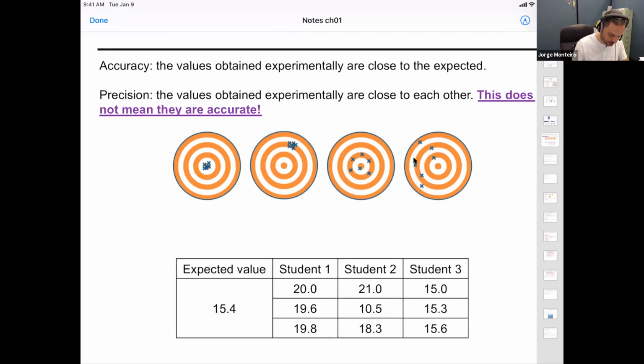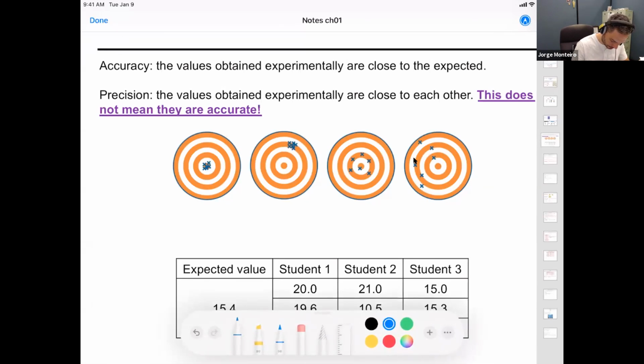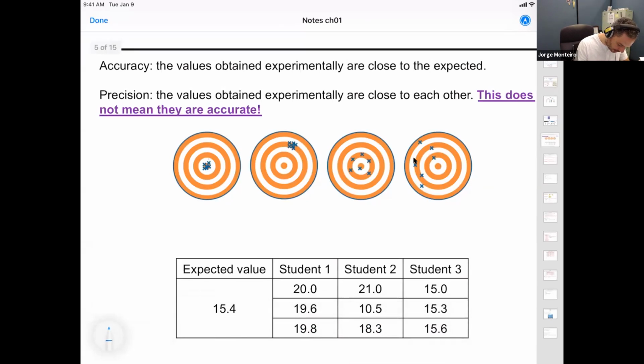So let's see here the first person threw a bunch of darts. Can you see here that all the darts hit the bullseye? So all the values obtained experimentally are close to the expected. So this person has accuracy.